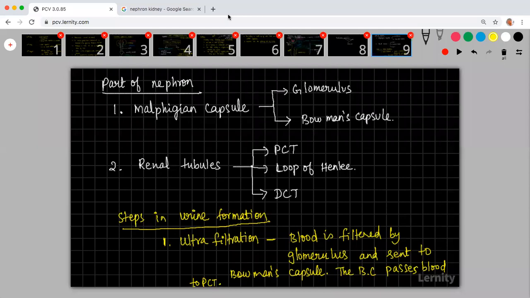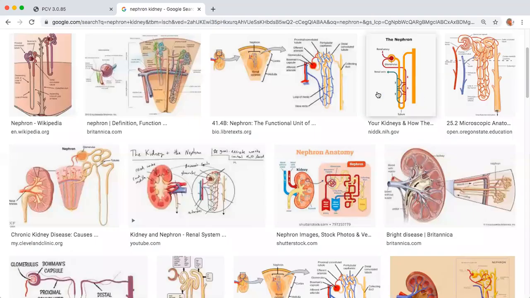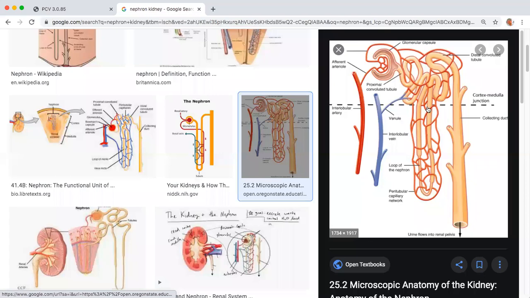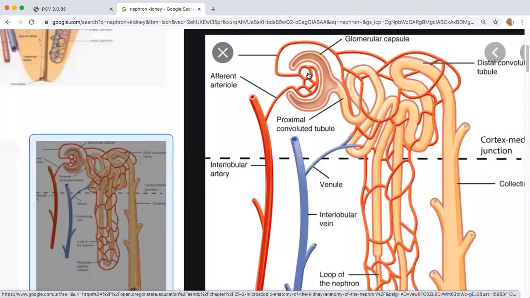So what is happening here, you are able to see, this is a kidney. This is where the filtration is happening. This is where the glomerulus is. The blood is brought by the afferent arteriole. This is the glomerulus basically. We call it the glomerular capsule, Bowman's capsule.